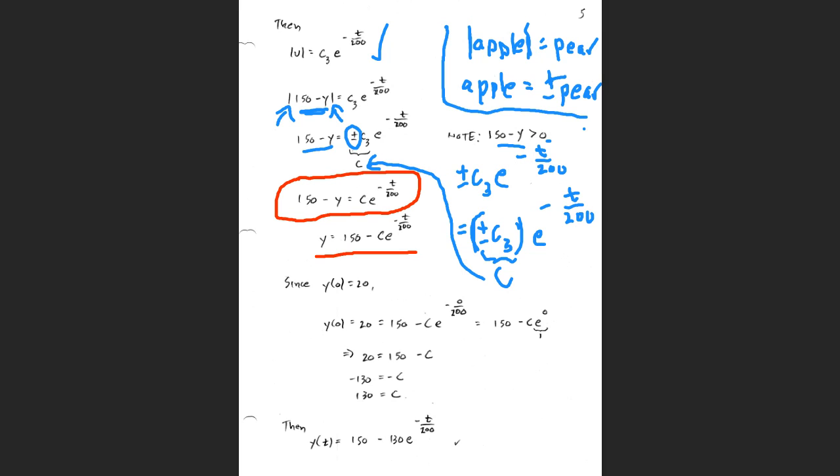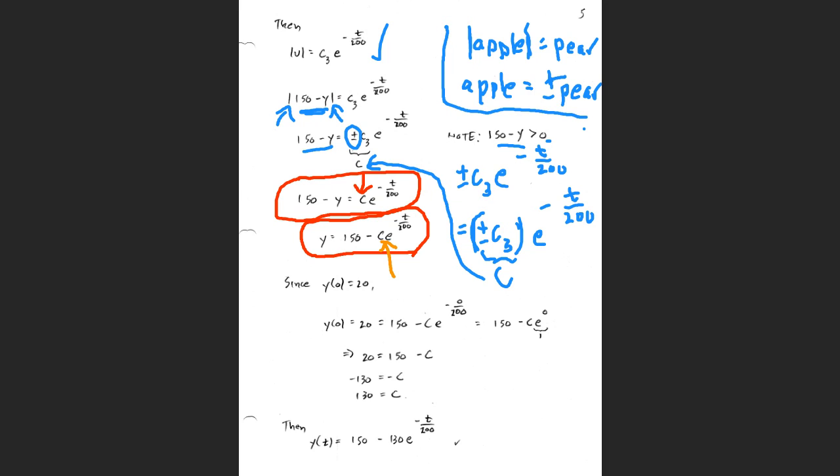I'm not calling this constant C4, although I could, but I put C because I know it's the last time I'm going to have to alter a constant. Now y is equal to 150 minus C times e to the negative t over 200. And that's great. We've solved for y. But we still have this unknown constant C.